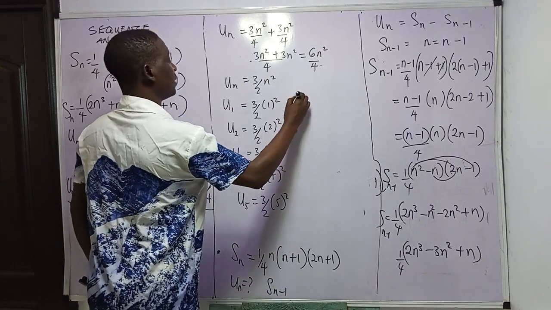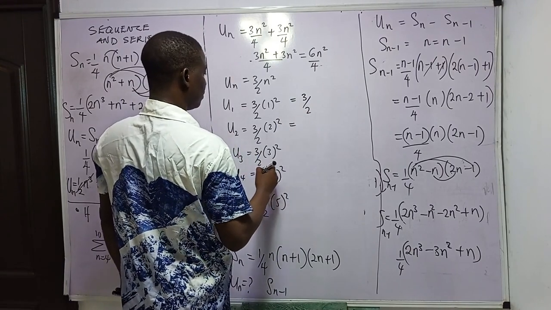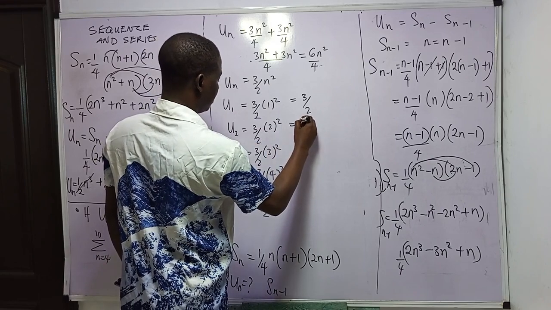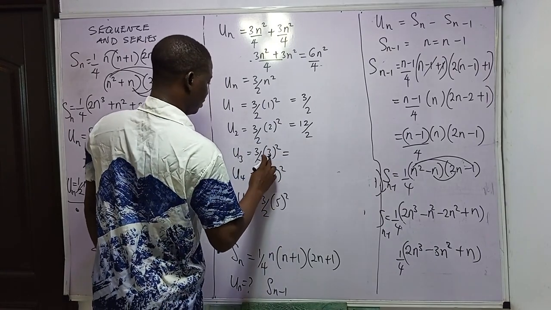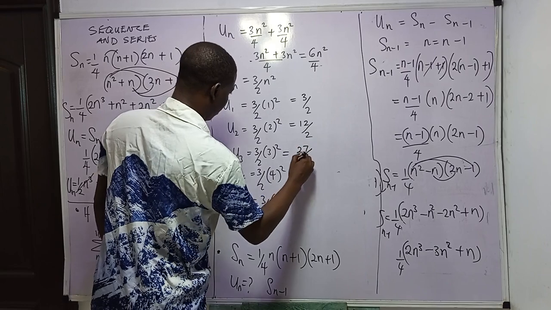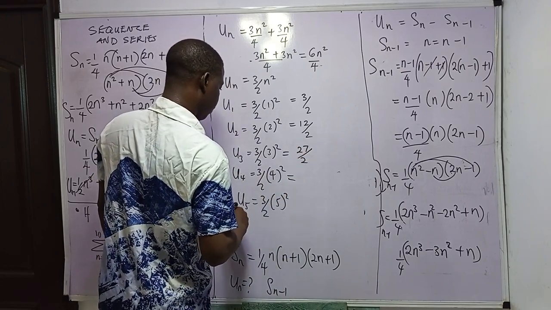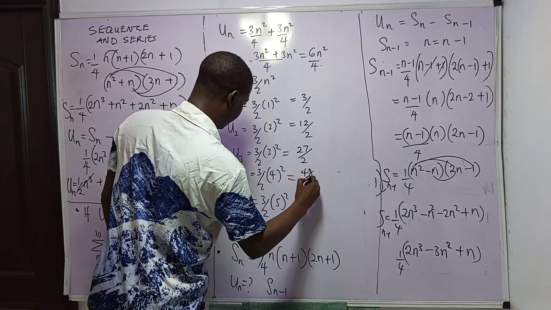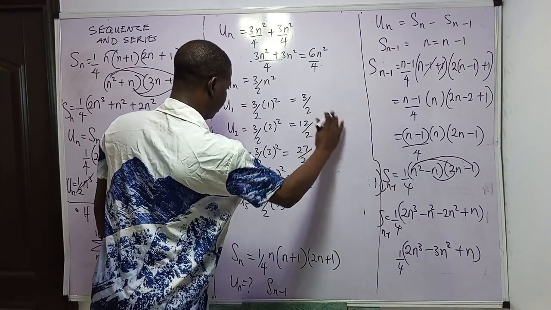Let's see what that gives me. 3 over 2. Then 1, 4, which gives 12 over 2. Then 9, which gives 27 over 2. 16 times 3 is 48 over 2.